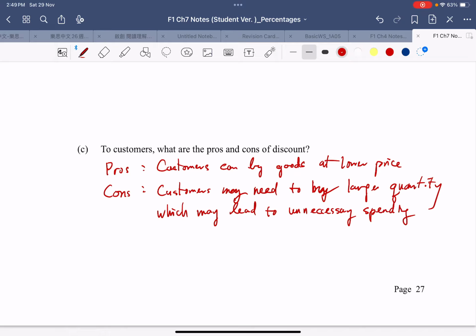You spend more, okay? You create waste, okay? So this is the cons.